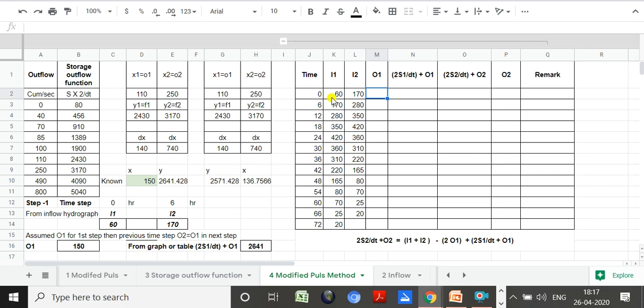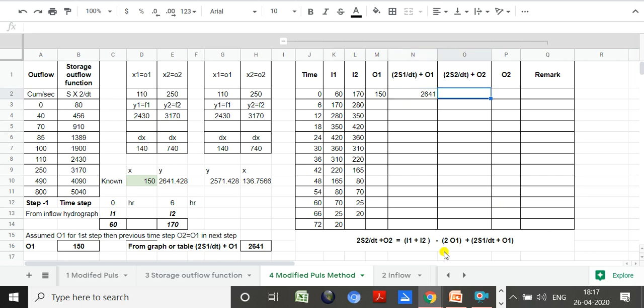Now let us enter the data. For 0 to 6, the corresponding inflow values are 60 and 170, then 150 is the first outflow, and the value of 2S1 by dt plus O1 from the graph is 2641. You can estimate it either from the graph or by the interpolation function.